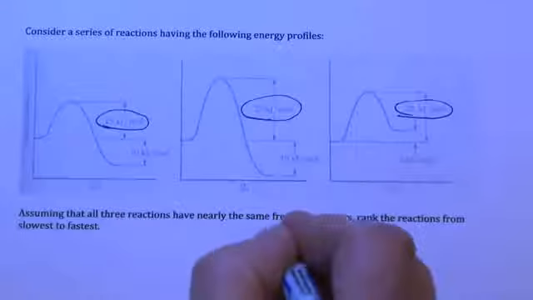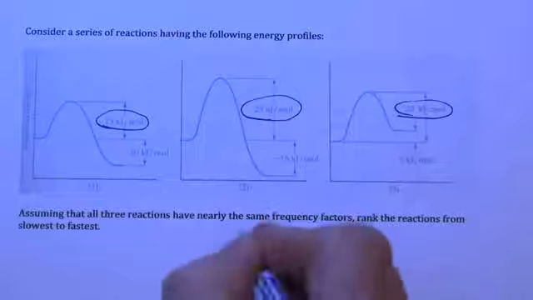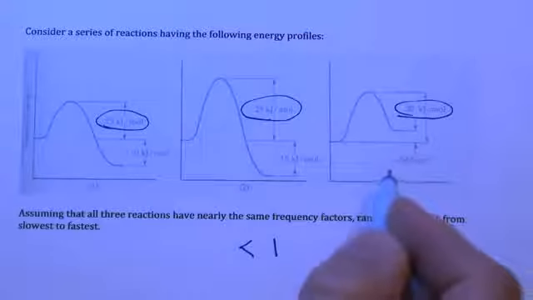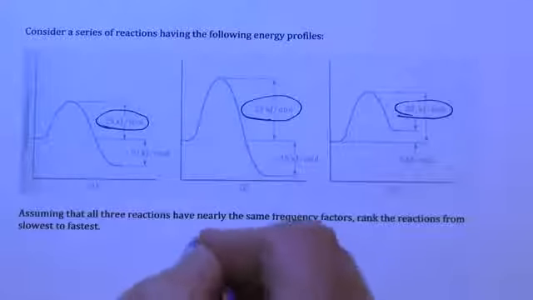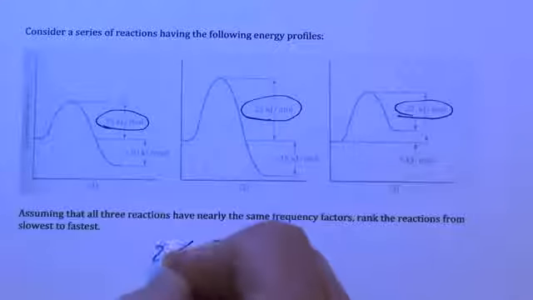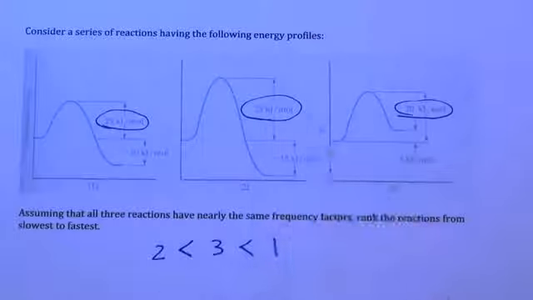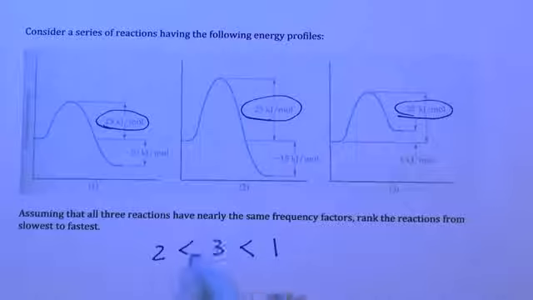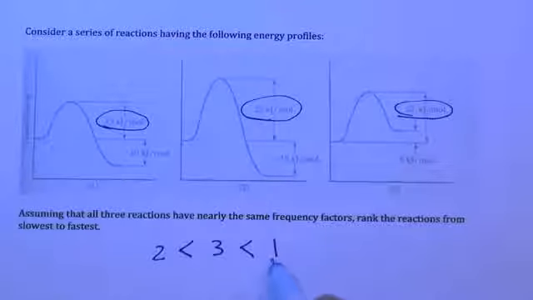So we'd say 1 would be the fastest, and then 3 would probably be the next fastest, and 2 would probably be the slowest because it takes the most activation energy to get going. So 2 to 3 to 1 would be from slowest to fastest. This would be the fastest, this would be the slowest.